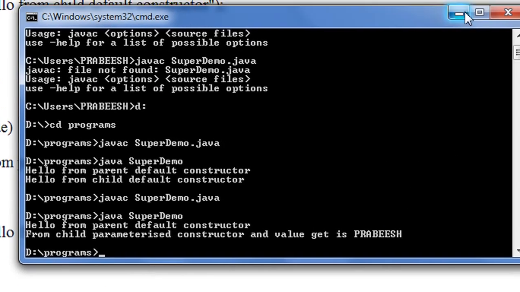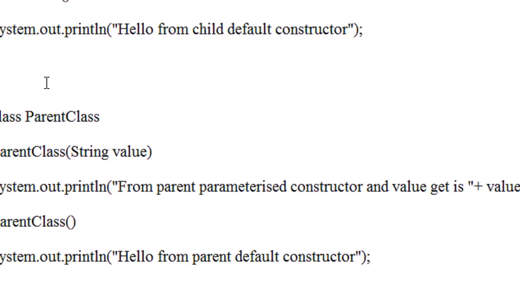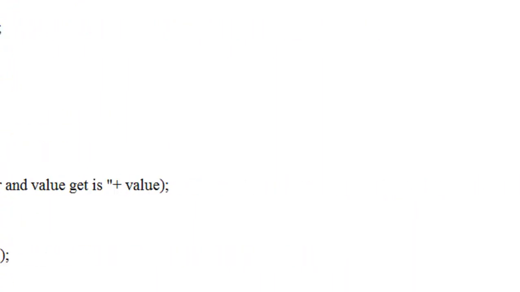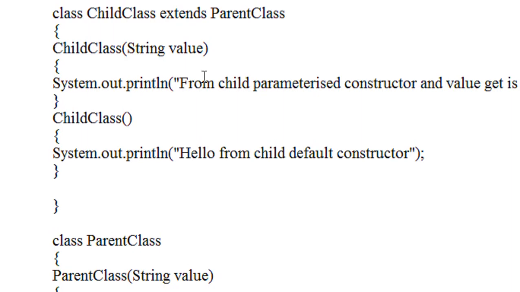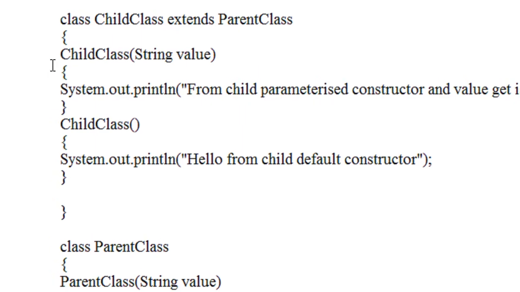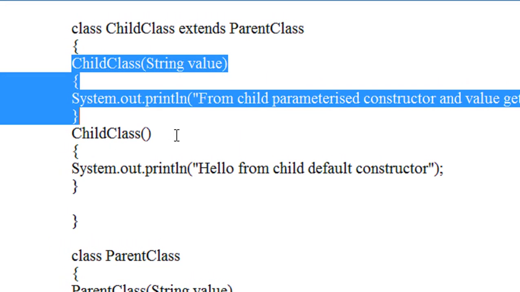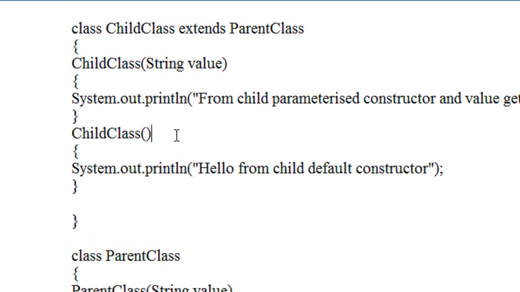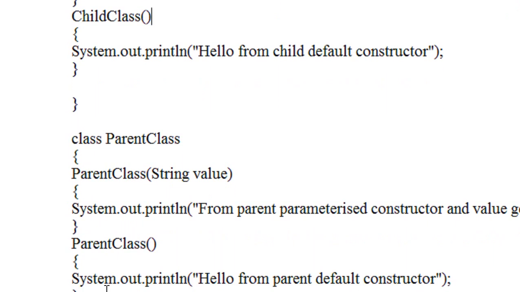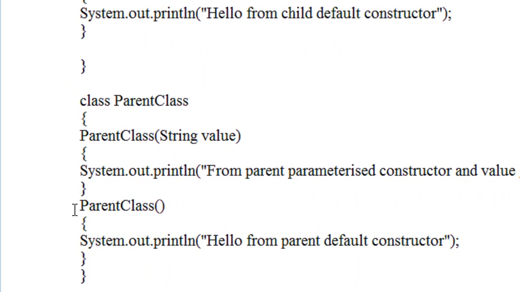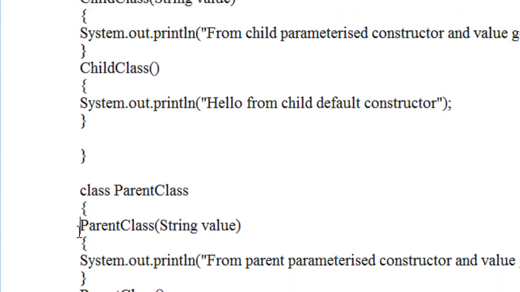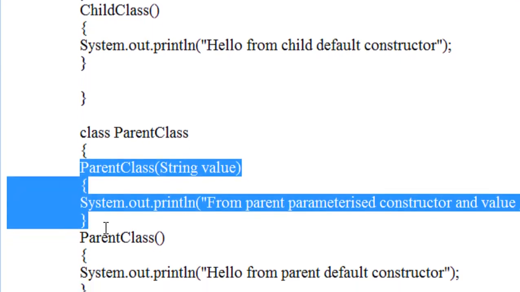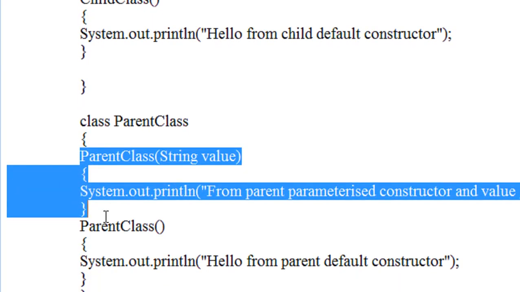So from this program you can see that the parameterized constructor of the parent is skipped in the execution of the program. When we create an object and pass an argument, it first invokes the parent default constructor, then the child parameterized constructor. That means the parent parameterized constructor escapes from execution.